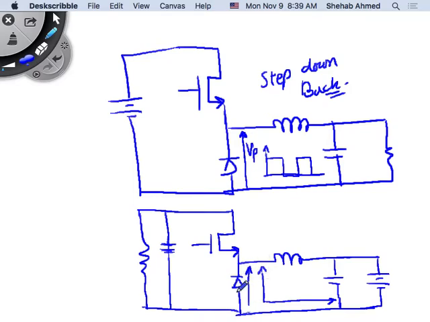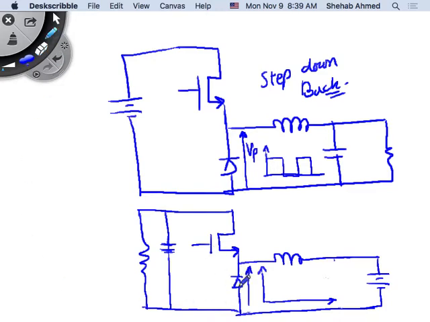Switch is on, diode is off. To confuse you less, you don't need this here. You may need it, but it's not critical yet. It may help to make things easier.